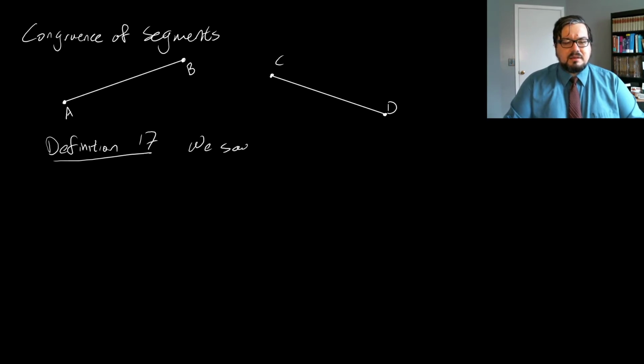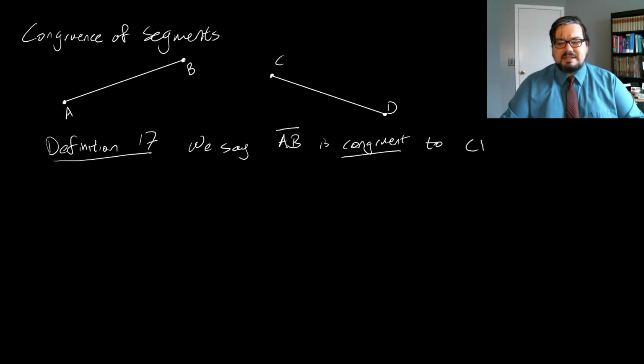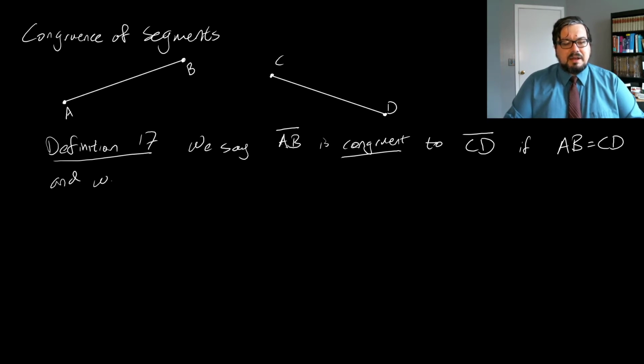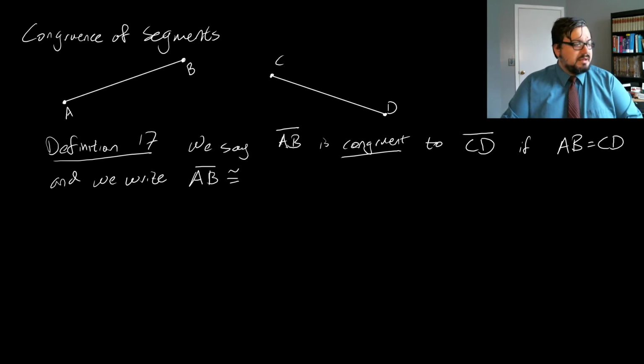We say that the segment AB is congruent to the segment CD if the length AB is equal to the length CD, and we write, in this case, that the segment AB is congruent to the segment CD.